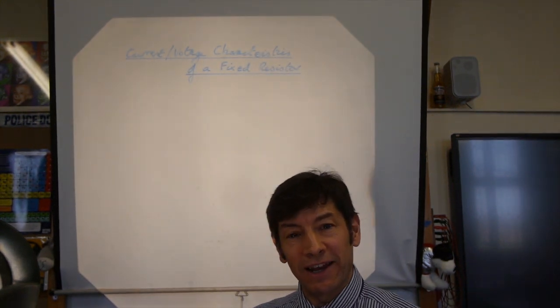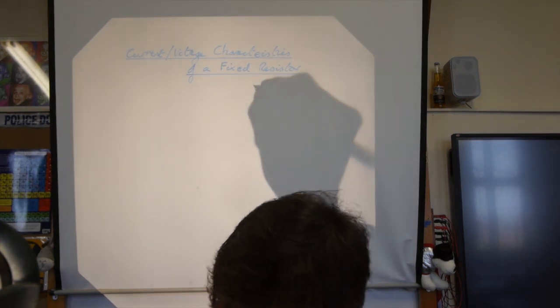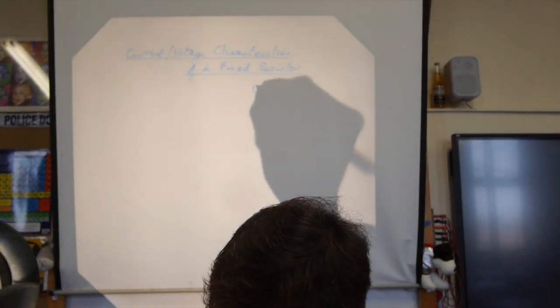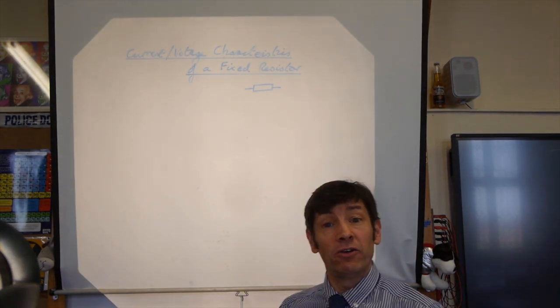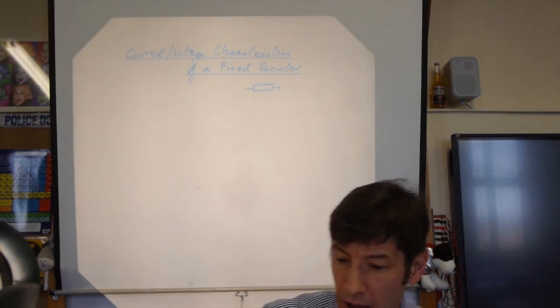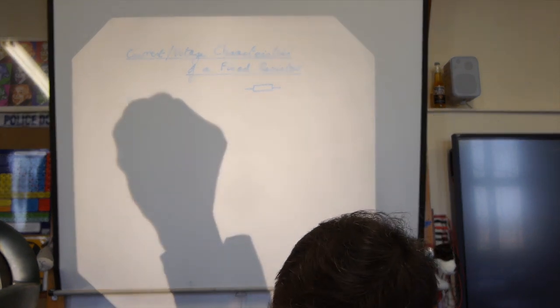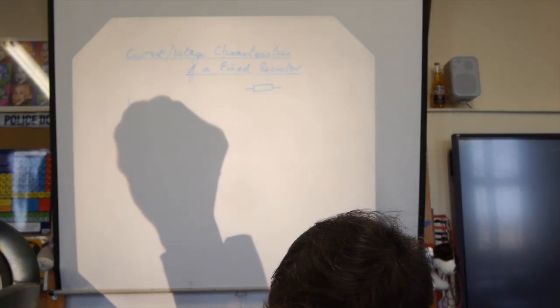Okay, so let's see if we can analyse the results we got. So we looked at how changing the potential difference on a fixed resistor affected the current flowing through it. So it might be a good time for me to quickly sketch the sort of diagram we had.